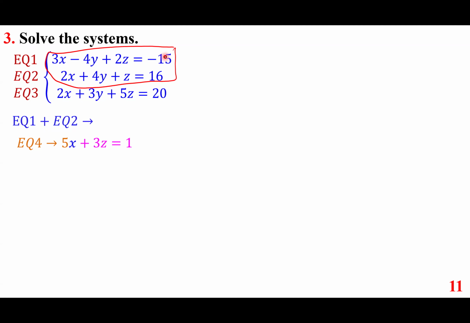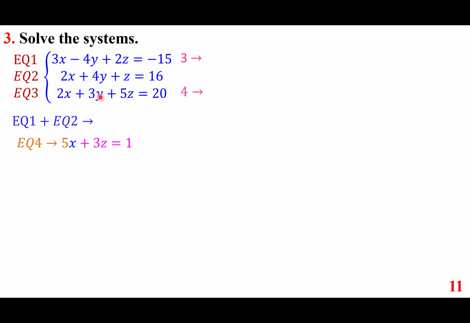Now, if we get rid of the y in these two cases, that means I can multiply this one by 3. See, because this is negative 4, I multiply this one by 4. So let me erase my work first. So if I multiply this one by 3 and this one by 4, what happens? This gives me 9x minus 12y plus 6z minus 45.